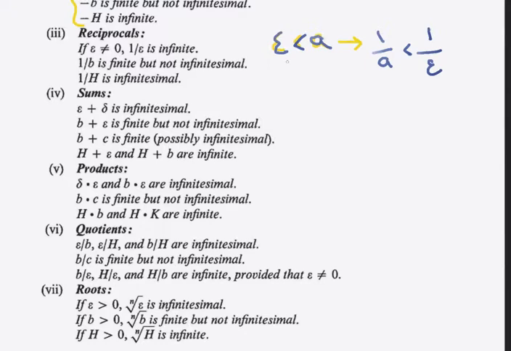Now this was true for every a, so this is saying for every real number, because I can think of every real number as a reciprocal of something, 1 over epsilon is bigger than it. And that's definitely our definition of an infinite number.